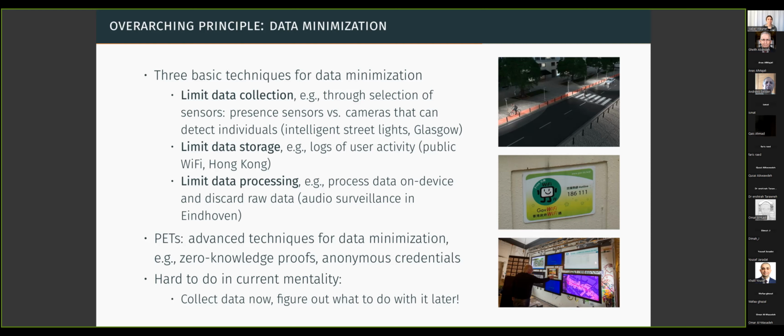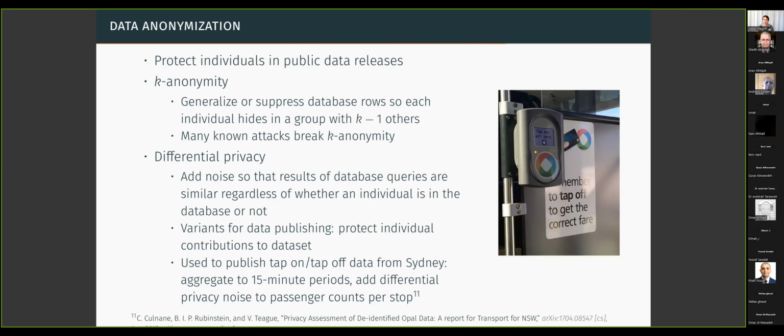Okay, so let's look at one particular use case that we might have. And that is, maybe we have some nice data set that we want to publish so that others can derive some use from that. A specific example for that is if you have public transport data of when people take public transport and where they get on and where they get off.